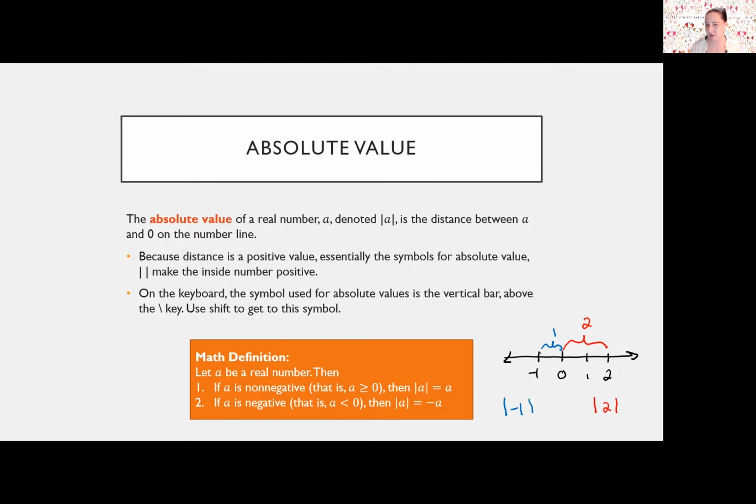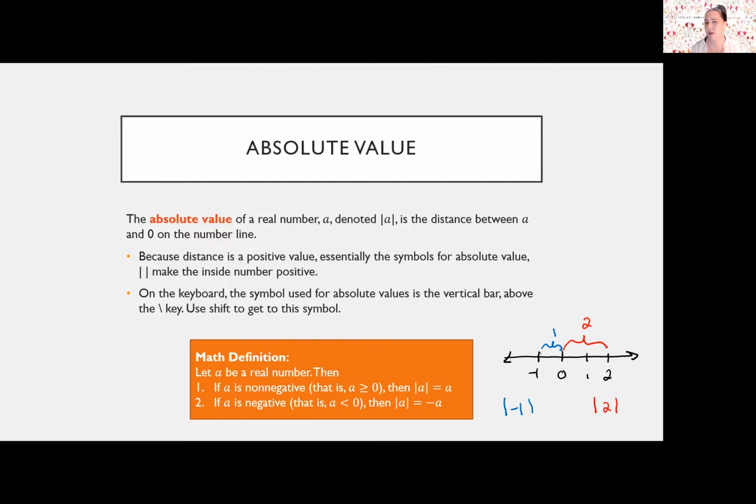It isn't changed. If your number is negative, so it's less than 0, then when you take the absolute value, in the math definition, you see it equals -a. Negative means the opposite. So it's just saying take the opposite of the sign. So when you have a negative inside your absolute value, the absolute value will take the opposite, making it positive.